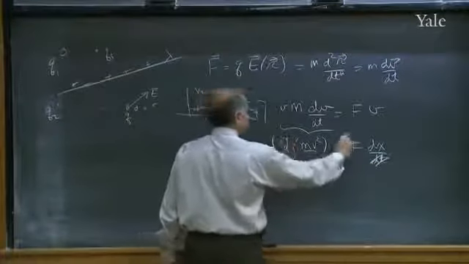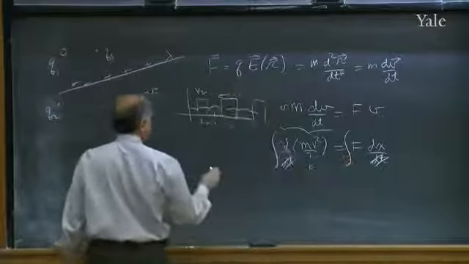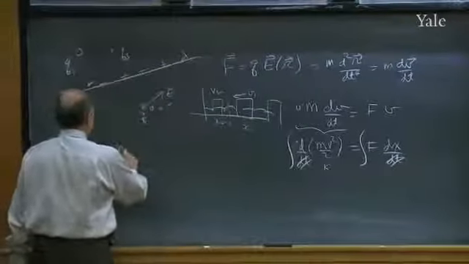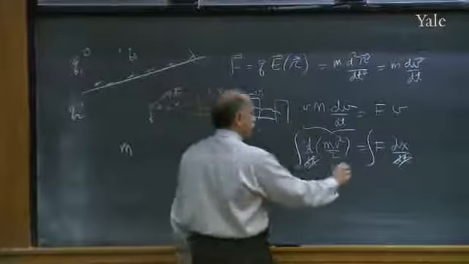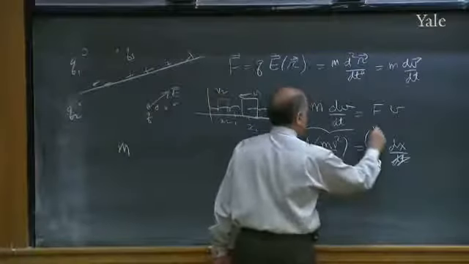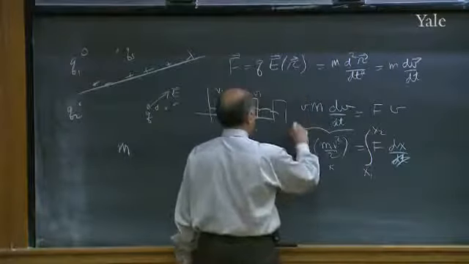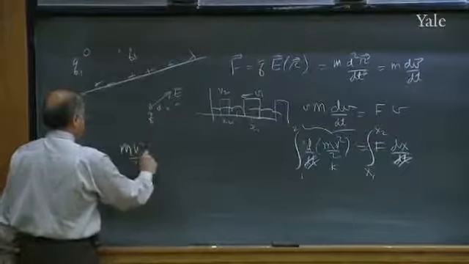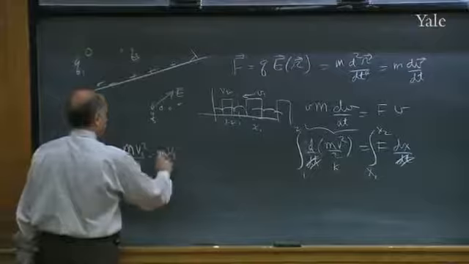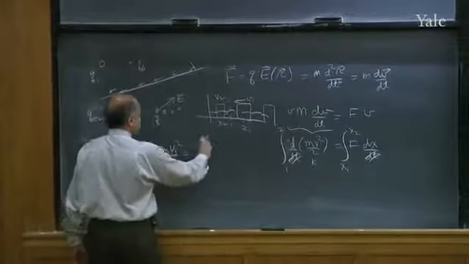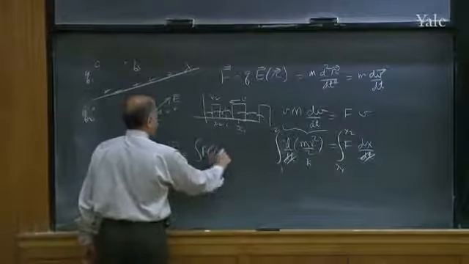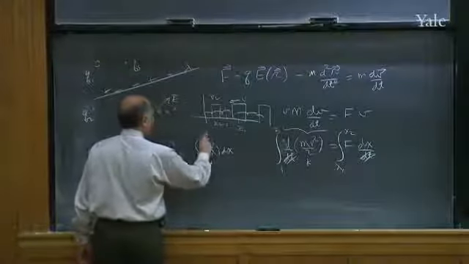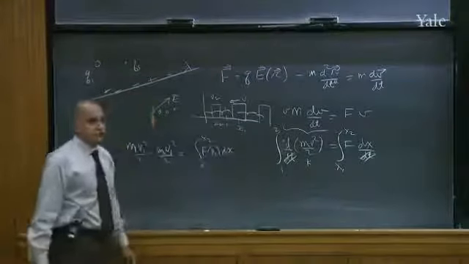And if you add up all the changes, integrating from a starting point to an ending point, and from some starting time to ending time, we get m v2 squared over 2 minus m v1 squared over 2 is equal to the integral of F(x) dx from x1 to x2.